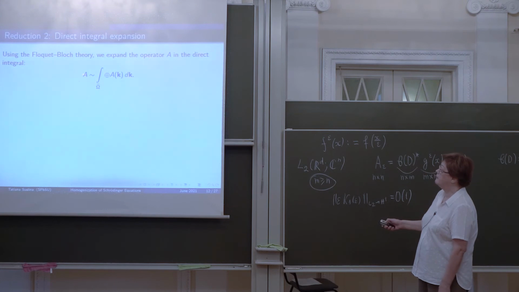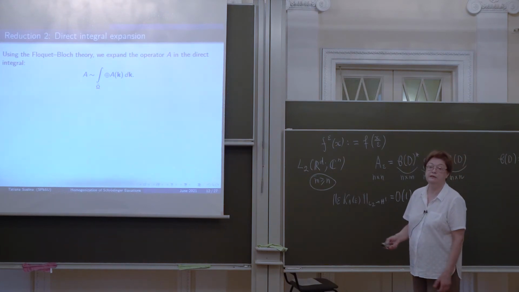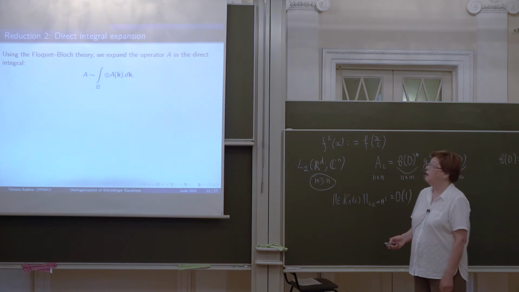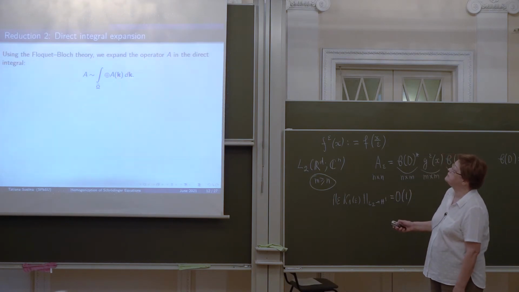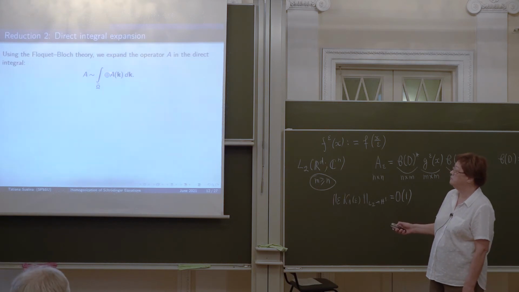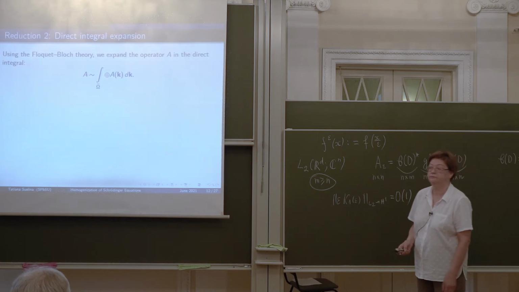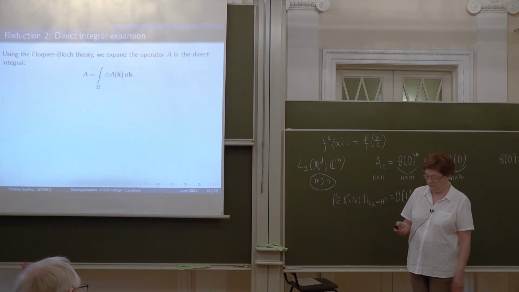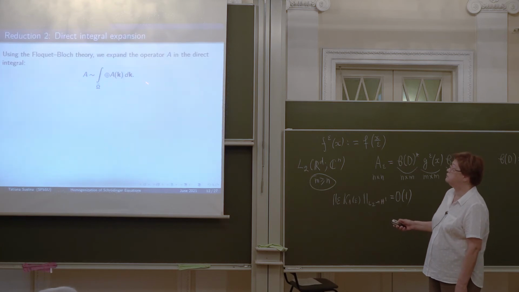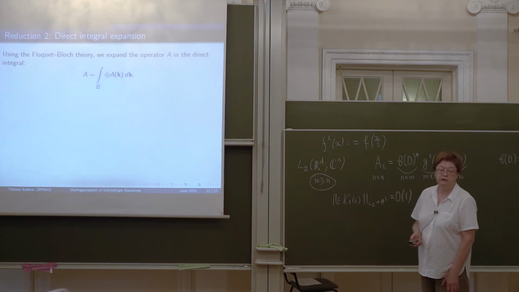Next, the operator A, which is an elliptic operator with periodic coefficients, can be expanded in the direct integral of the operators A of k. Here this tilde means unitary equivalence. The operator A is unitarily equivalent to this direct integral. The corresponding unitary operator is the Gelfand transform.